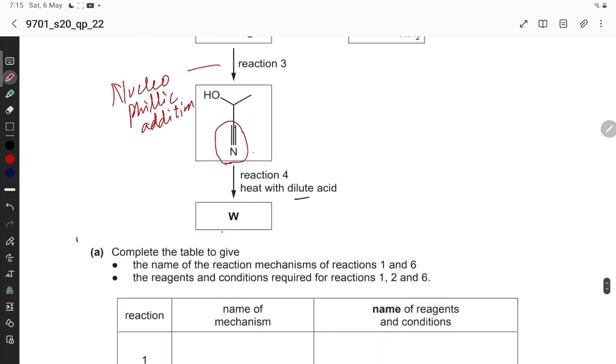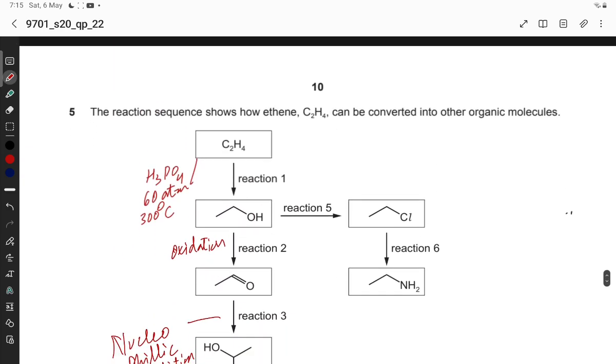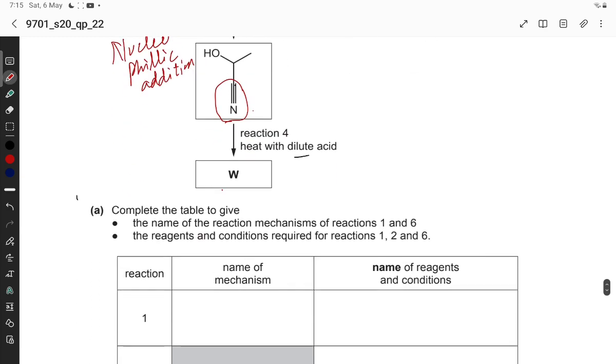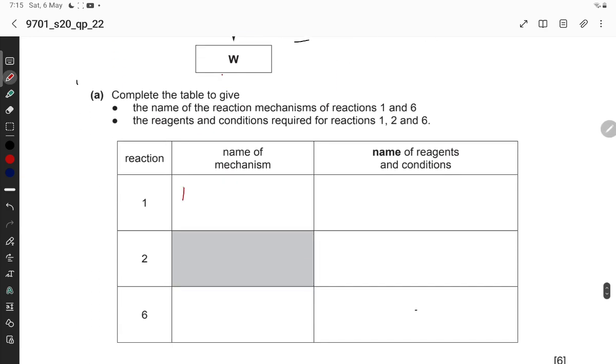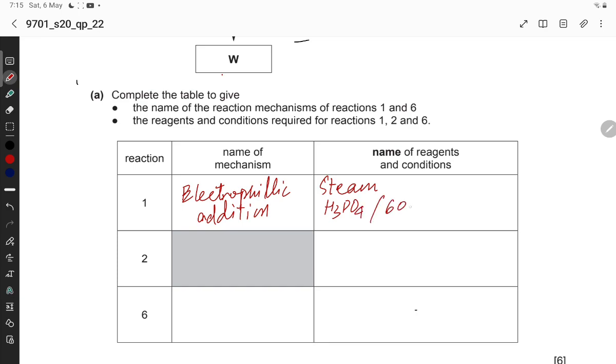Name of mechanism, reaction 1: electrophilic addition. Name of reagent and condition: steam, H3PO4 catalyst, 60 atmospheric pressure, 300 degrees centigrade temperature.